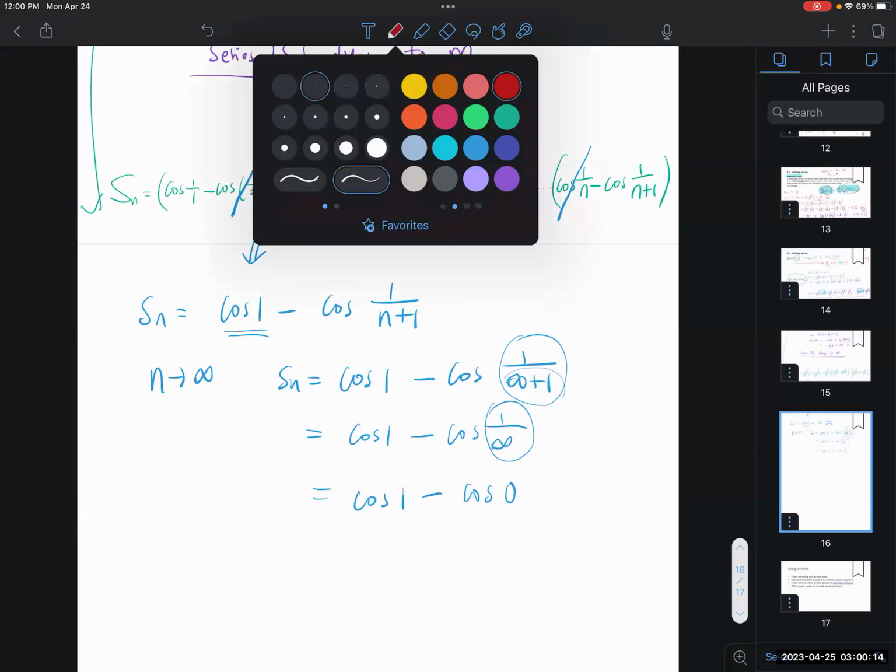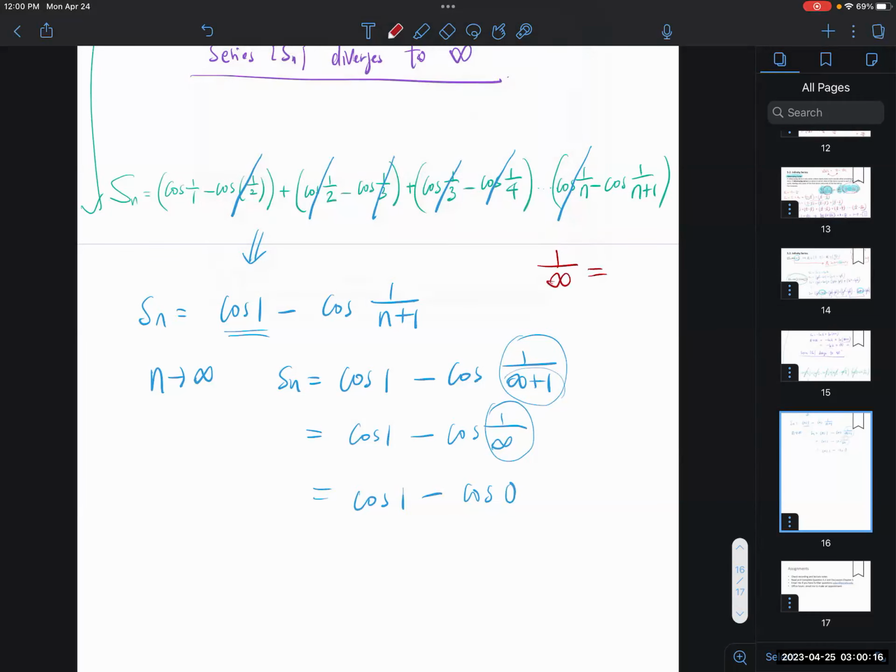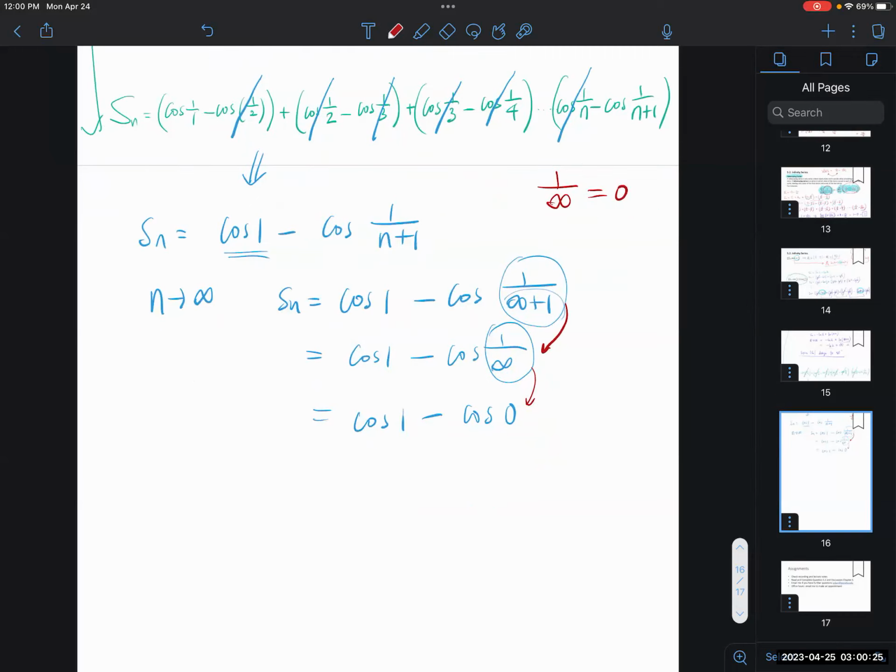So please remember, 1 over infinity is 0. So basically cosine 1 minus cosine 0, they're going to have some specific number. So this converges to that number. Conclusion.